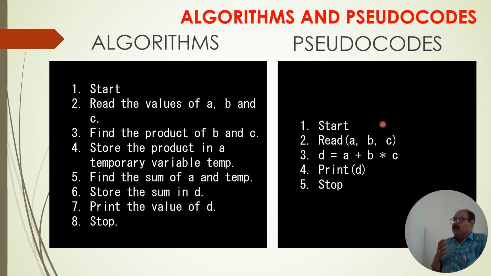Now, already we have an algorithm. Then we are going to write a program. Might be you are wondering, why do we need to write another one pseudocode? Am I right? Why do you think that we have to write a pseudocode? What are the reasons that you need a pseudocode in between your algorithm and your program?